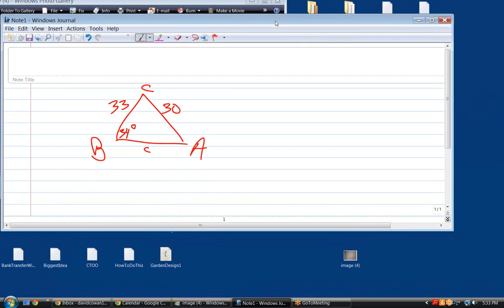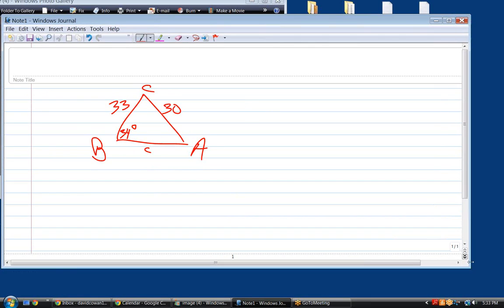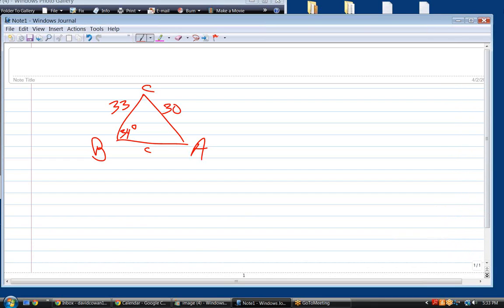So let's solve it. What am I going to do to solve that? Do you have to set up a ratio or a proportion? Whenever you're solving a triangle, they're going to give you 3 of the 6 pieces of information. They gave us a side length and an angle.